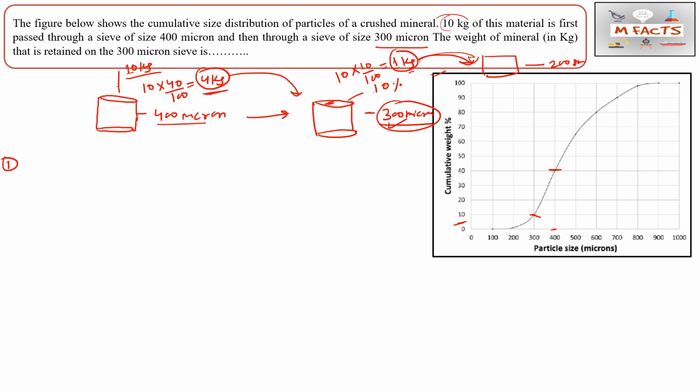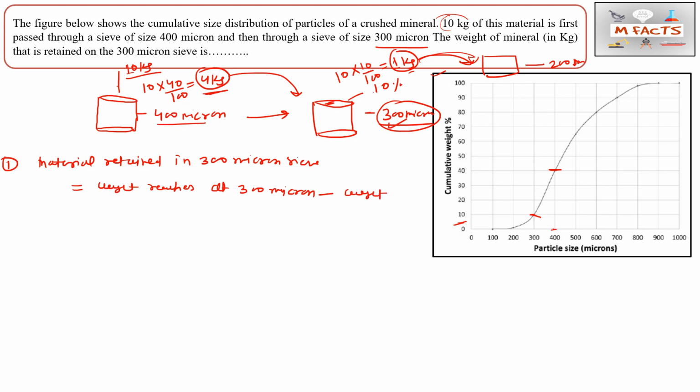So we can find the material retained. The first type is: material retained in the 300 micron sieve is equal to the weight which reaches at 300 microns, and we will subtract the weight which passes at 300 microns.